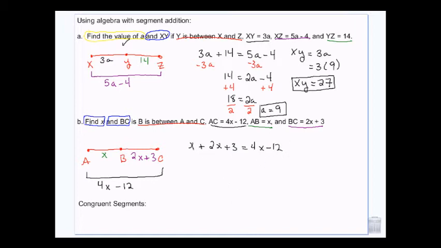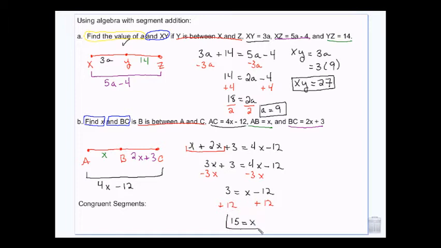Okay. x plus 2x is 3x. Would you like me to subtract 3x from both sides or 4x from both sides? 3x. Okay. We want our x's positive. Got it. Okay, and then we add 12 to both sides. And you get 15 is equal to x.